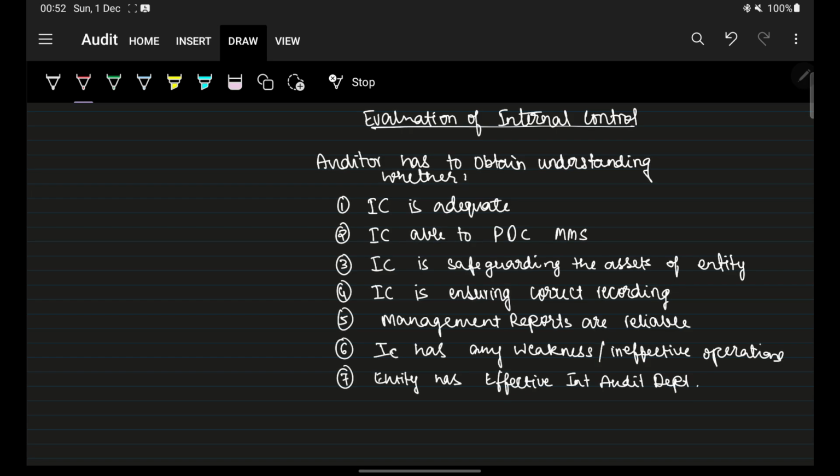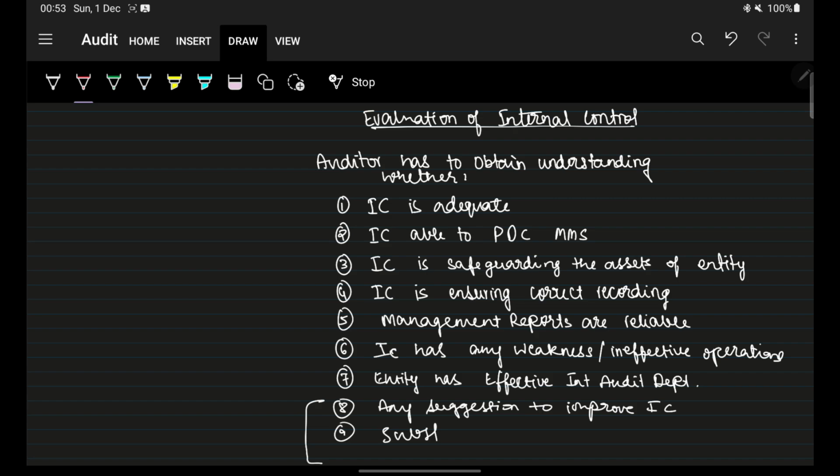Eighth point, whether there are any suggestions to improve the IC. Ninth point being whether any substantive procedures have to be applied. This is all with regard to the auditors. Auditor should answer this.